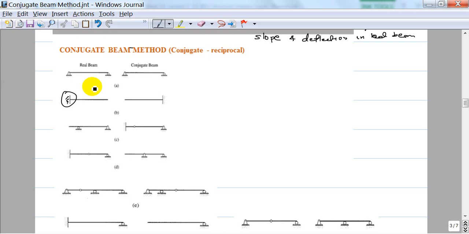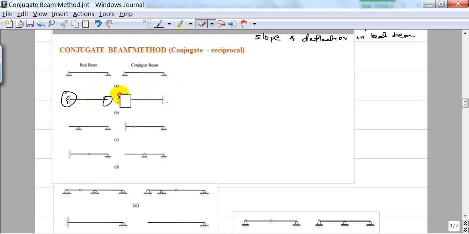So if you want a point where you have no bending moment or no shear force, it should be a free support. And at a free end in a real beam, you can have a slope and a deflection, meaning in the conjugate beam you should have some moment and a shear force. So that's the analogy.